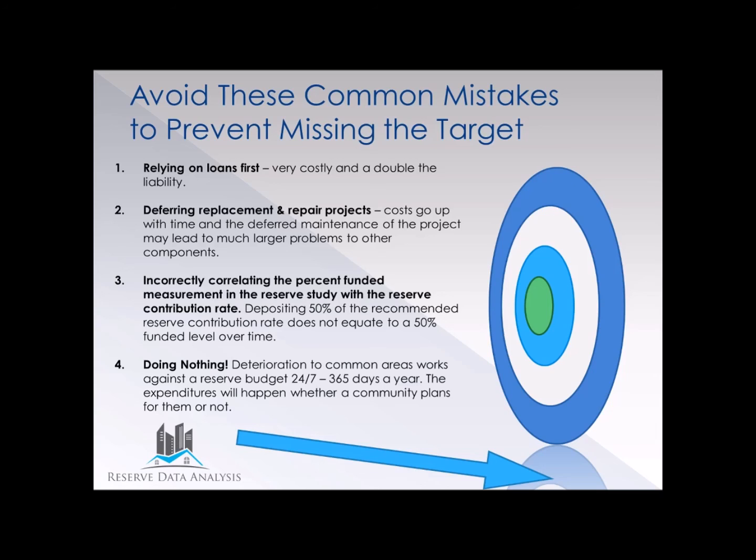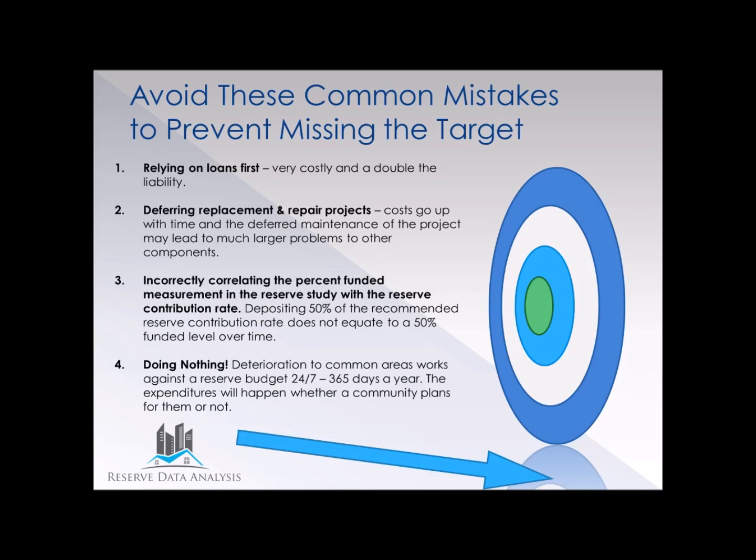It's an extremely common scenario, and it's something that we try to prevent by providing very comprehensive and accurate reports. So community members and boards will know exactly what is projected to be coming due and how much they really should be setting aside in a reserve account. So that's some common mistakes.